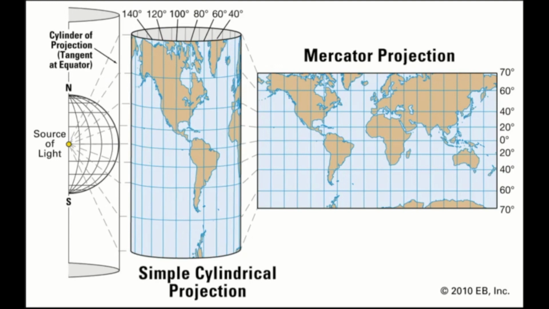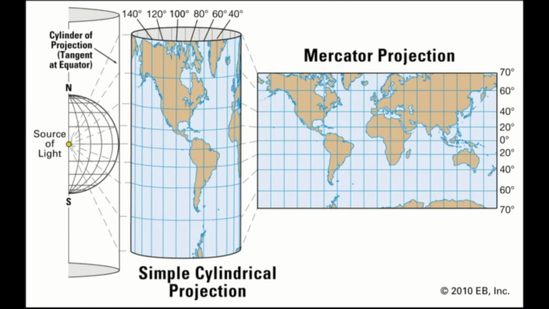When the light source hits that film, it casts a picture onto the screen, and the cylindrical projection, the Mercator projection, is what we would see if we were looking at that screen. You can see here the way that cylindrical projection would be wrapped around the globe and ends up with a map that we are all very familiar with.